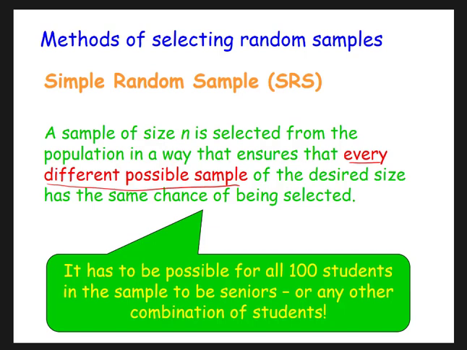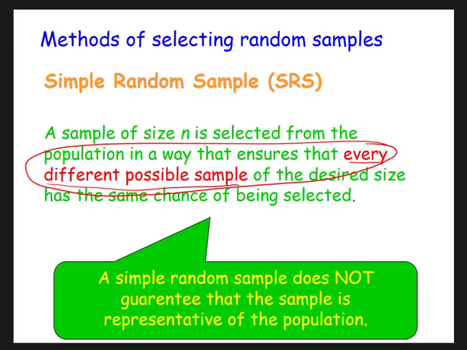There are other sampling techniques that are random, but not simple random. So for a simple random sample, every possible sample of that size has a chance to be chosen. Just plain random just means every item has an equal chance of being chosen. Every item in the population has an equal chance of being in the sample, but not every possible sample of that size.